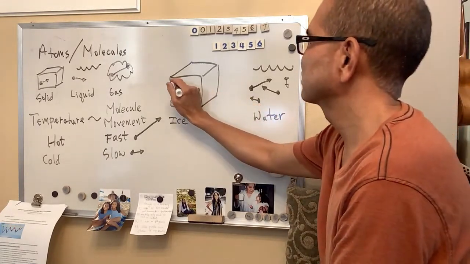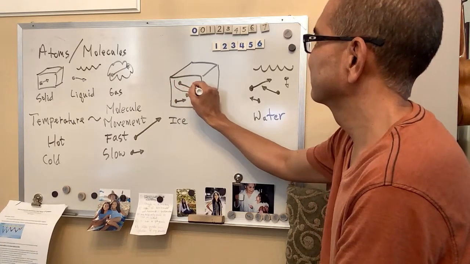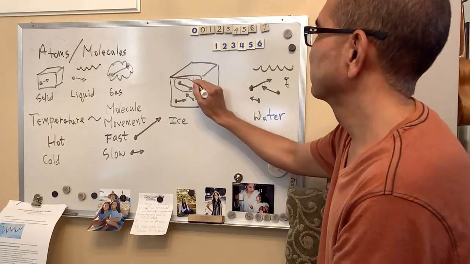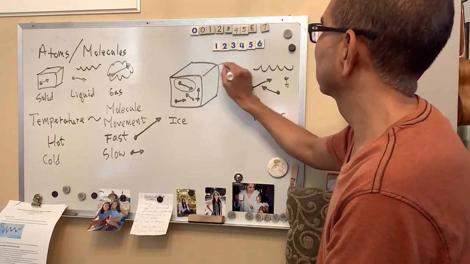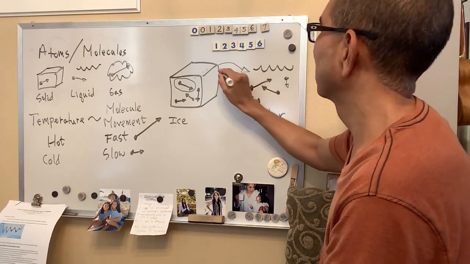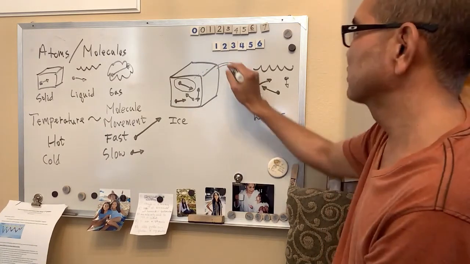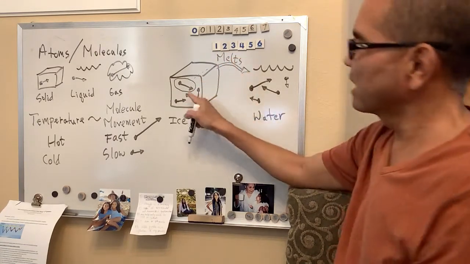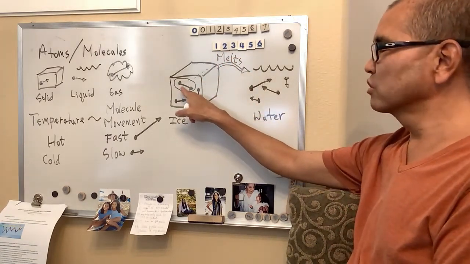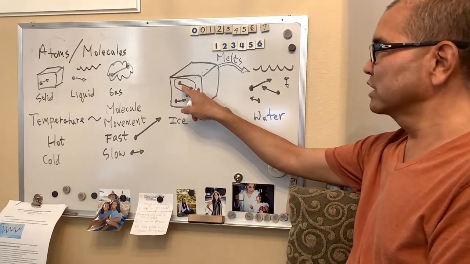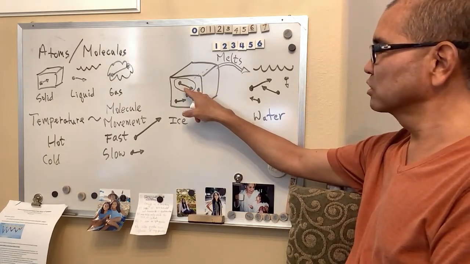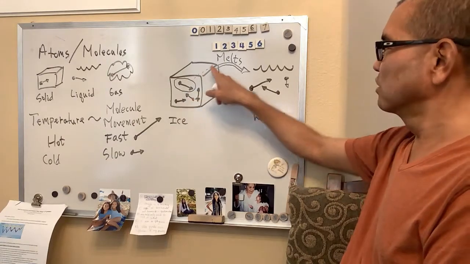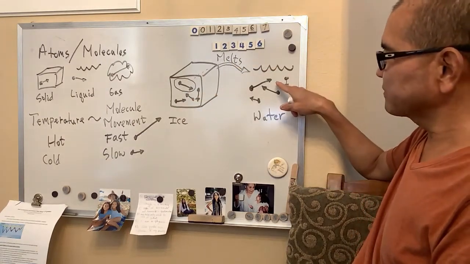So let's say this one, the longer arrow, actually turns into water. And that's melting, right? So that ice melts. So this longer arrow representing a faster moving molecule actually melts and becomes water.